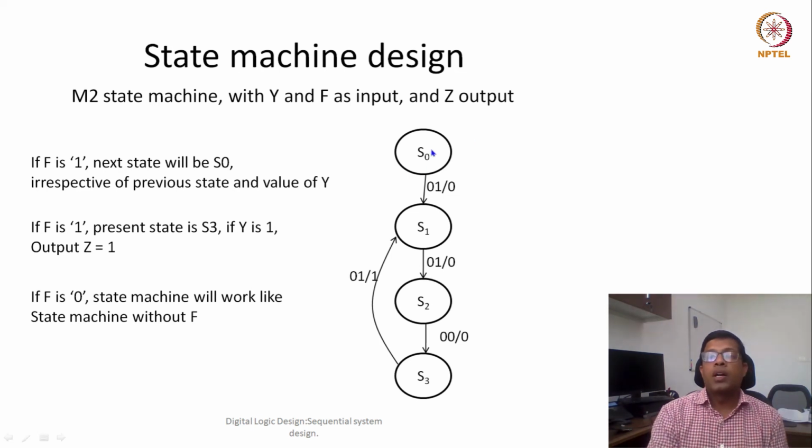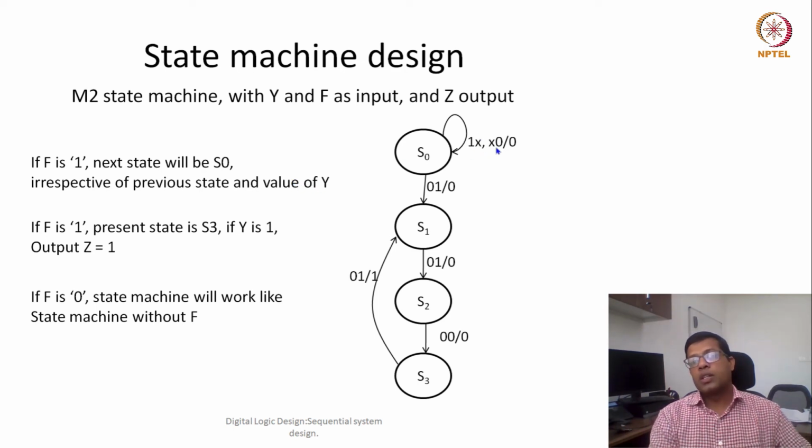These would be our guiding words. So if f is 1, it doesn't matter what the value of y is, the next state is going to be S0. So we can say if it is 1 and independent of the value of y, it's going to be this.